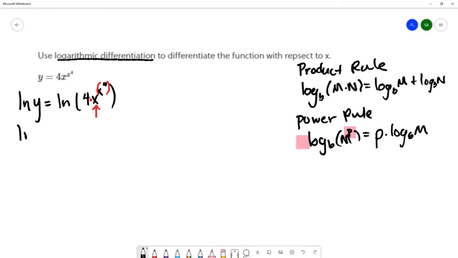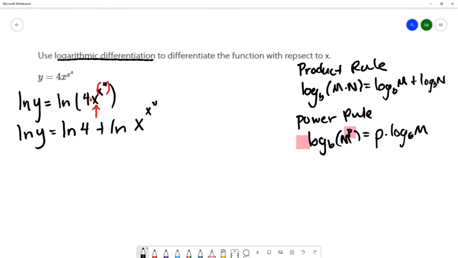So on the left, I have natural log y. And on the right, I'm going to start by using the product rule and make this natural log of 4 plus natural log of x to the 4th.